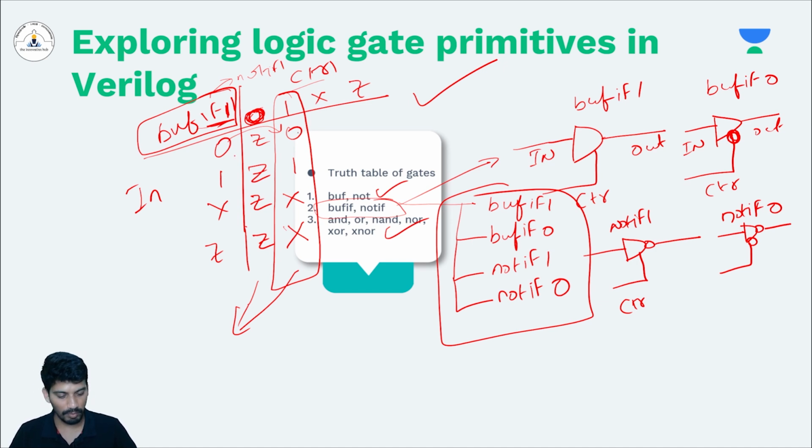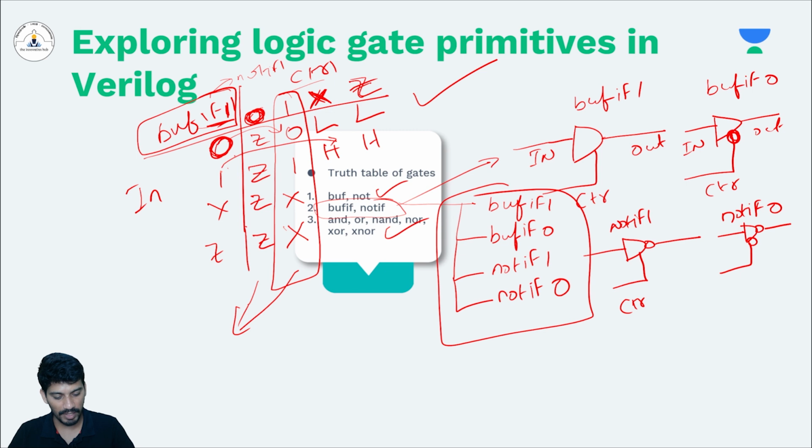And then there is one more thing you need to remember. When the input is 0 and the control is X, then the output will not go to X state, but it will go to low state. Similarly, when input is 0 and control signal is Z, then again it will go to low state. When input is 1, then it will go to high state.